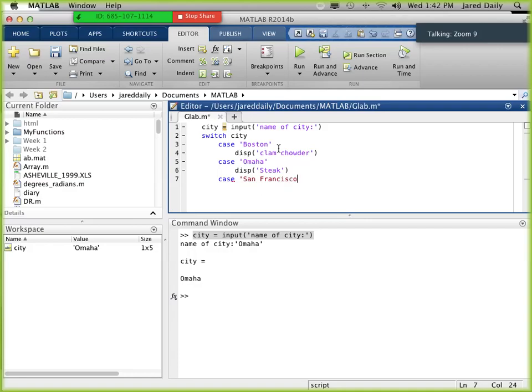In San Francisco, Rice-A-Roni. Well, that used to be the case there, but now I think in San Francisco it's nothing but tofu hot dogs. Mystery tofu.